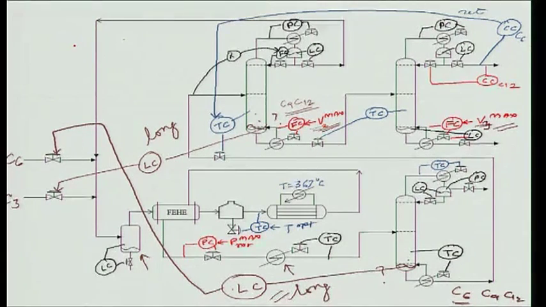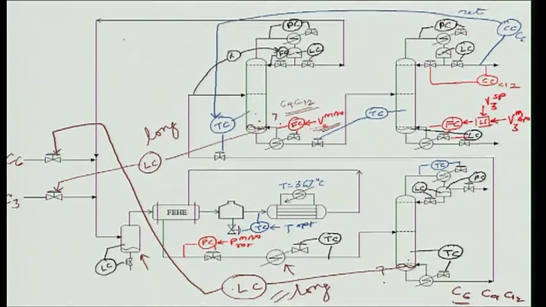If I want to reduce the throughput, what do I do? I basically say low select V3 max, and of course, the operator inputs a V3 set point.